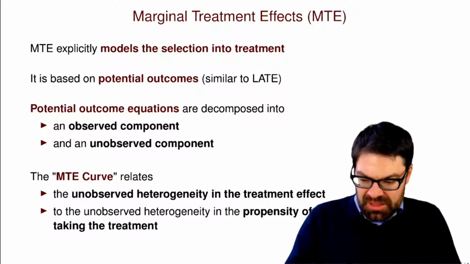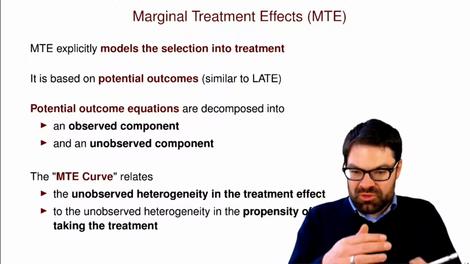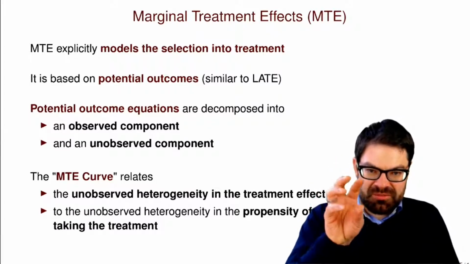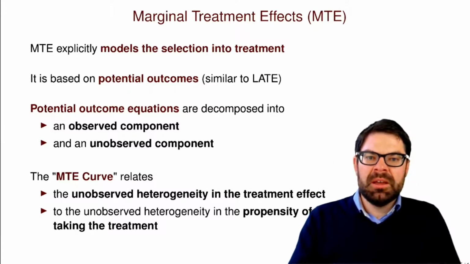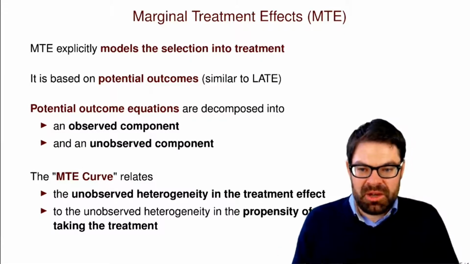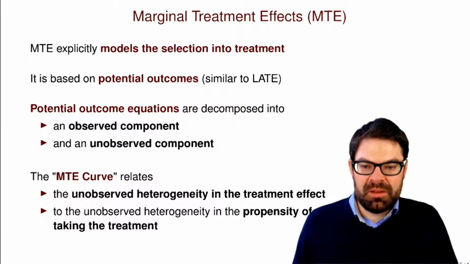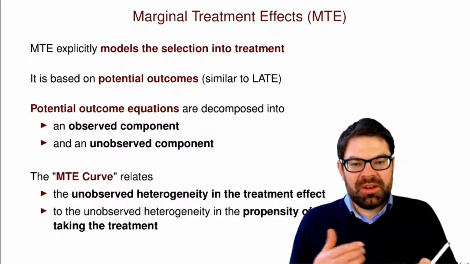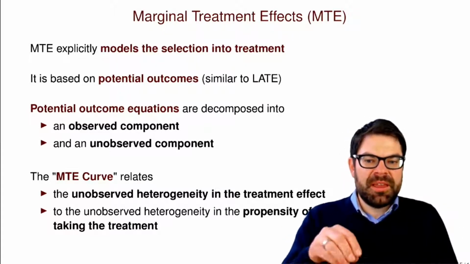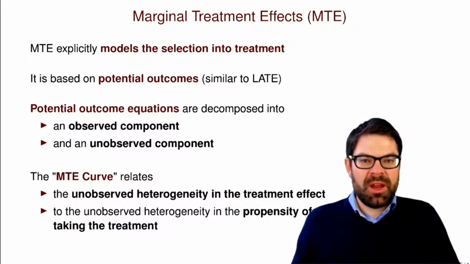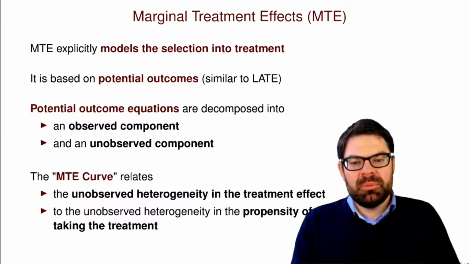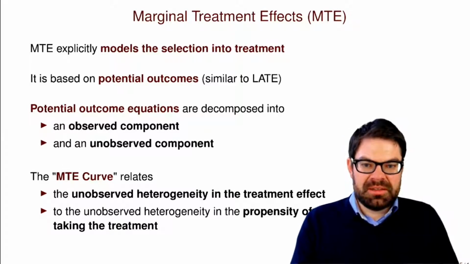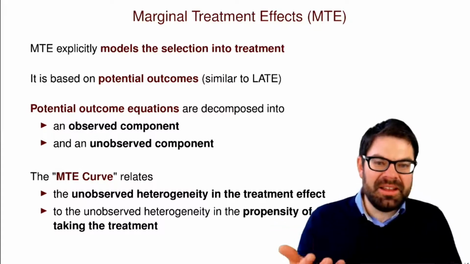For every person, we have two potential outcomes: one, the person's outcome if they received the treatment, and one, the outcome had they not received the treatment. And so then we again have the Roy model, whereby the potential outcome equations have a common component that is the same for everyone in the population, and an individual specific component that is unobserved.